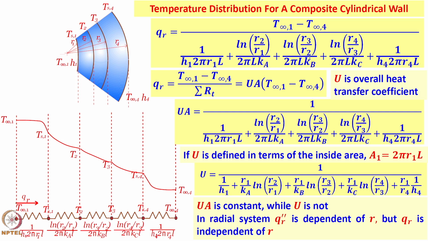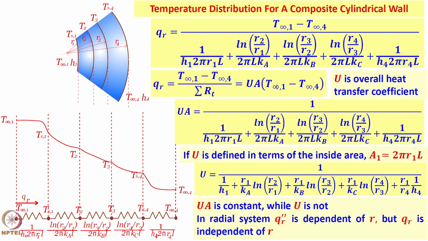So, when I put all this together, Q_r is T infinity 1 minus T infinity 4 divided by the summation of the resistances. Now, I will call this T infinity; h A delta T is a very simple form, so I want to write this in a similar manner: UA into delta T. It is just a group of terms, called UA.